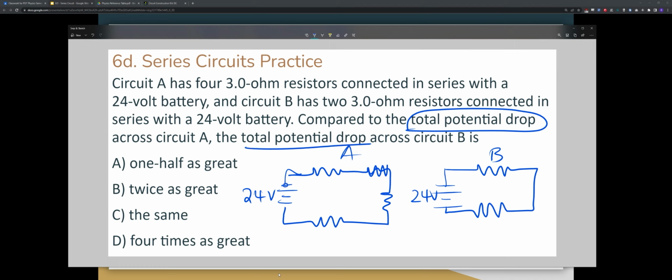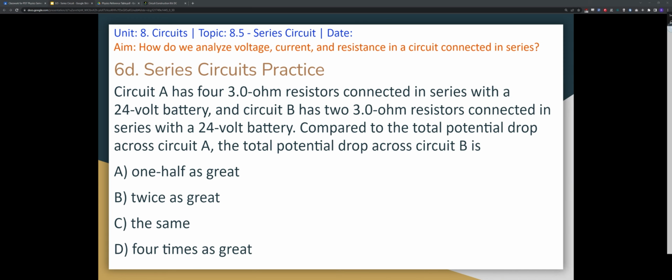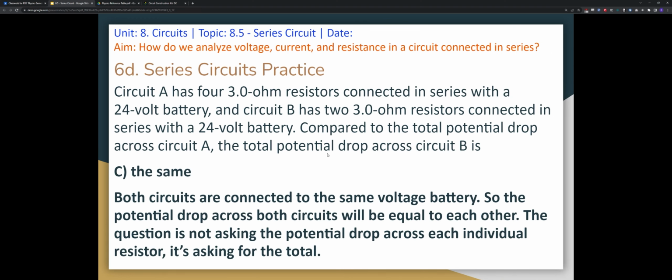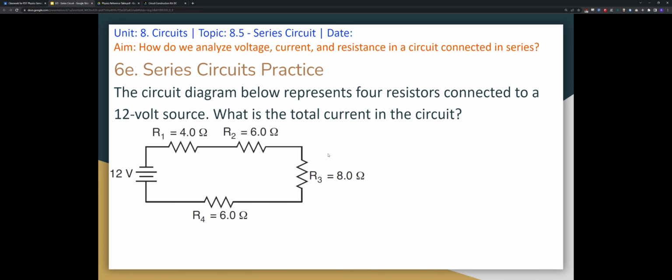So the energy difference from this side of the battery to the other side of the battery. But they tell you what the energy difference is. Your voltage is 24 volts. Your potential drop is 24 volts. And so B also has a potential drop of 24 volts. So the answer here is the same. You're comparing the total potential drop, not the individual potential drop, but the total.